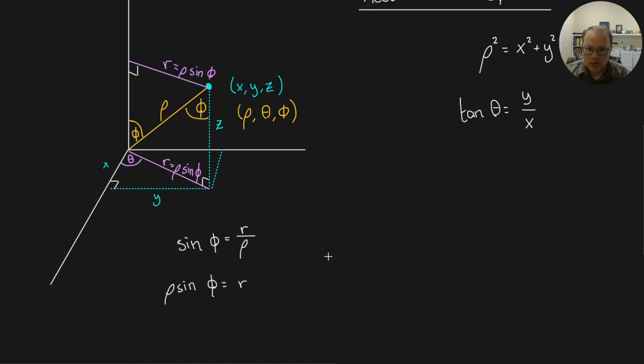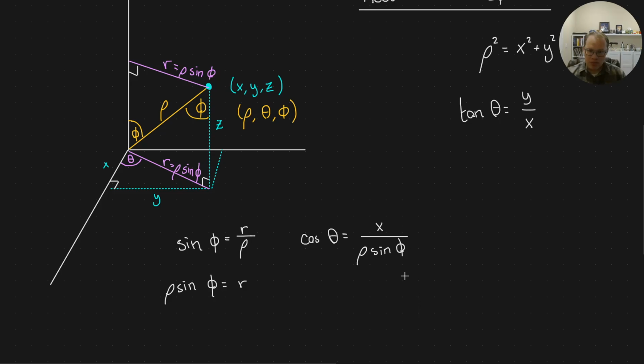Okay. So specifically, let's do x first. Little trigonometry. Now I'm focusing on this triangle down here. Cosine of theta is equal to adjacent over hypotenuse. So x over rho sine phi.